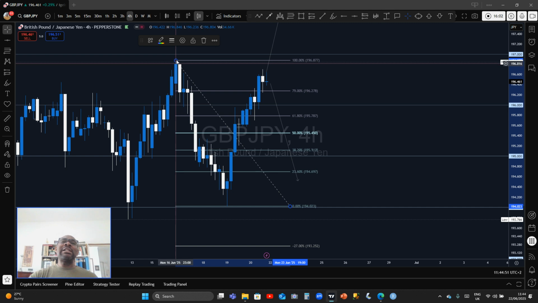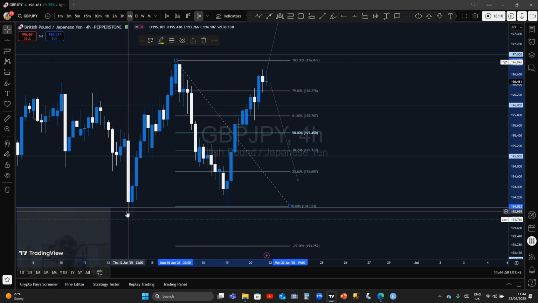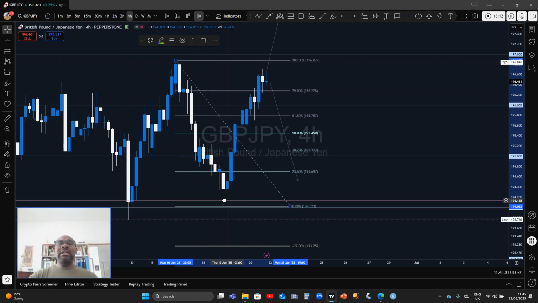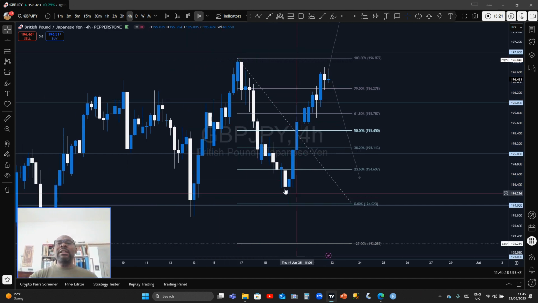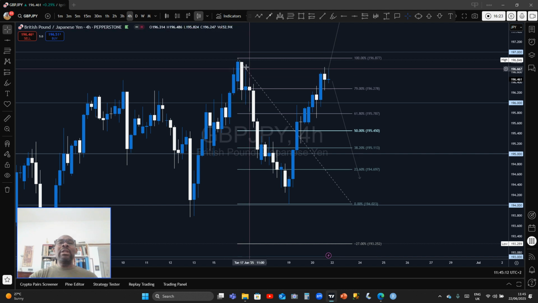Why? Because this high failed to create another low. It was supposed to create another low to take out this low, but it did not take out this low. So this is a weak high.